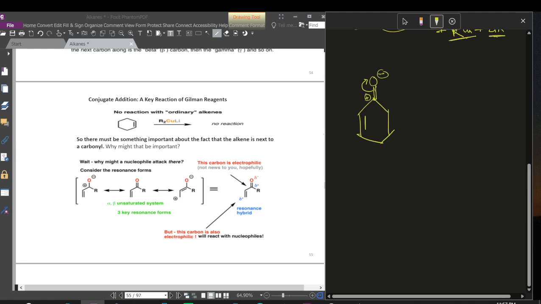If this is partially positive, this electron tries to move here for the charge equivalency, so this will form like that. There is a single bond, oxygen minus, this will be positive, so this will create a bond here.